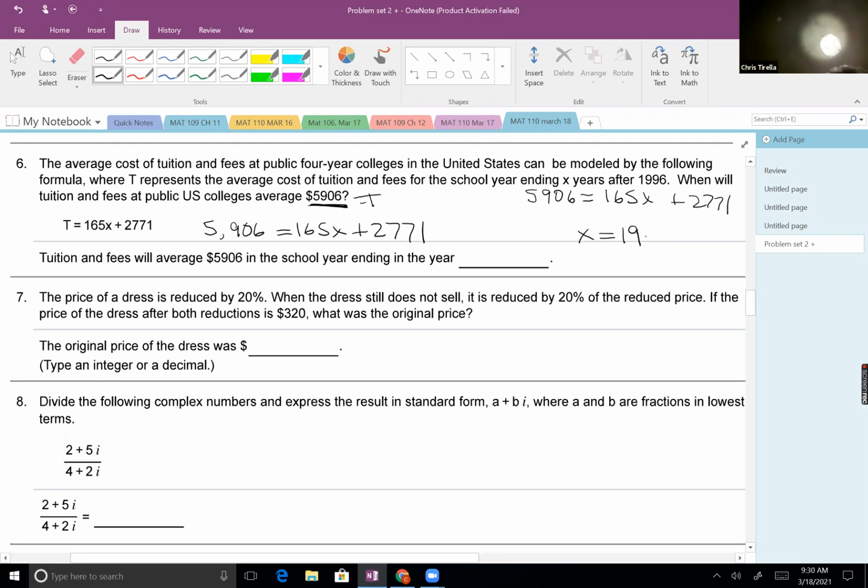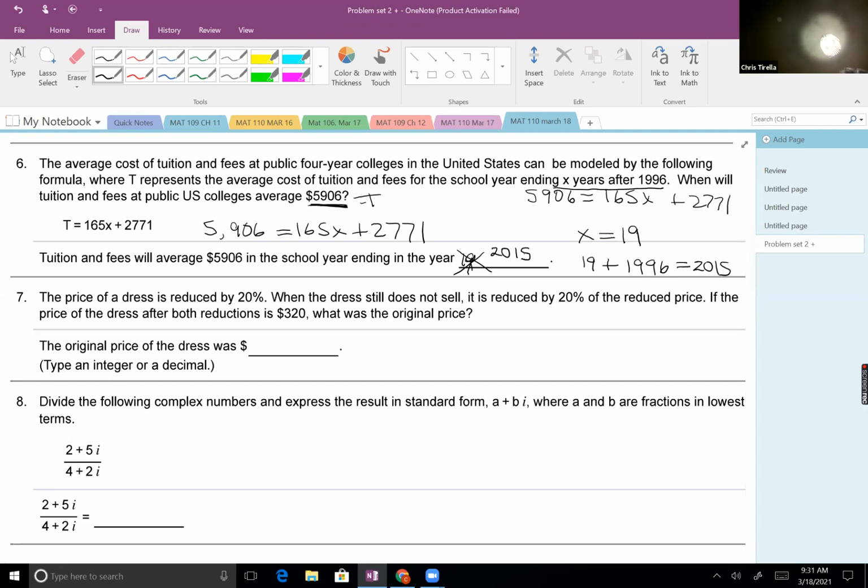Did anybody else get that x equals 19? So is my final answer 19? Nope. We've got to add it to 1996. It's years after 1996. When I take 19 plus 1996, I get 2015. And now we're good. All right.